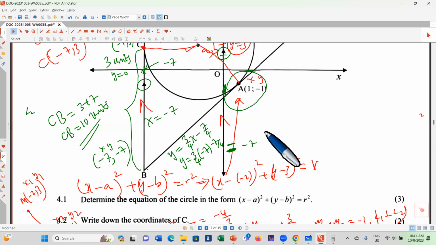Let me know when you're done. The question is about that green circle. It is centered at A. So A is the center of that circle. But it is having the X and Y axis as what? As tangents.